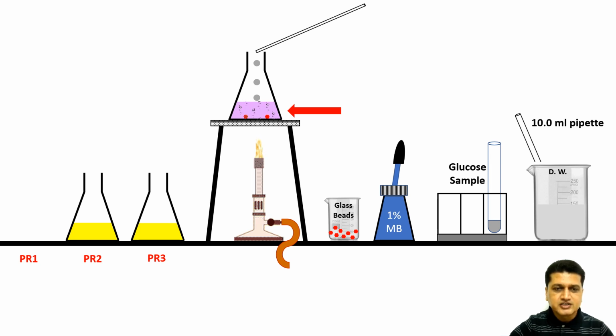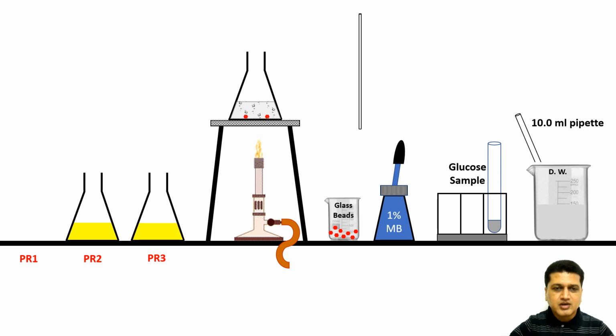Continue the titration until the color disappears. Stop the addition of glucose solution. This is the end point of titration. Note down the volume of glucose solution required to get the end point. Record this as pilot reading 1.